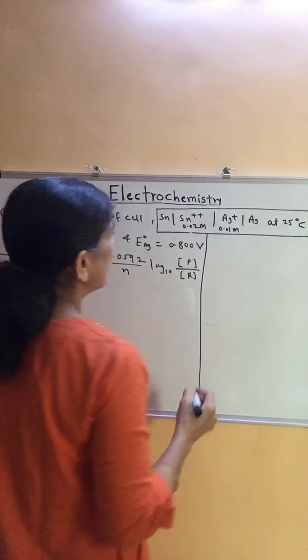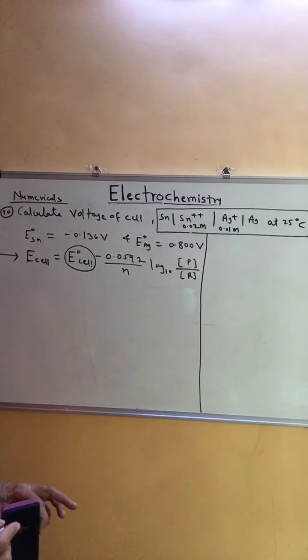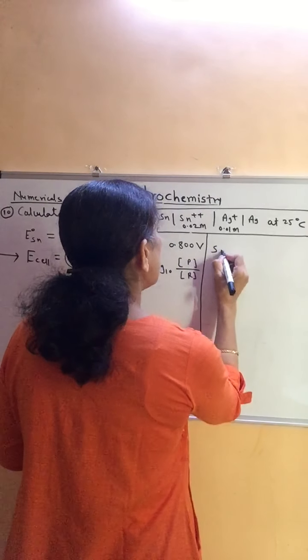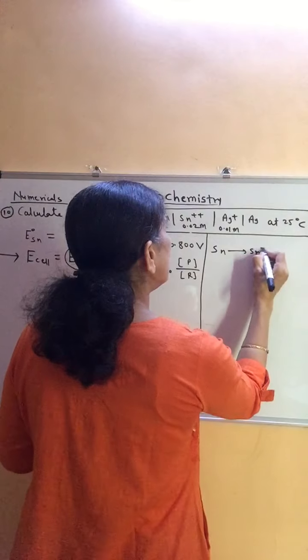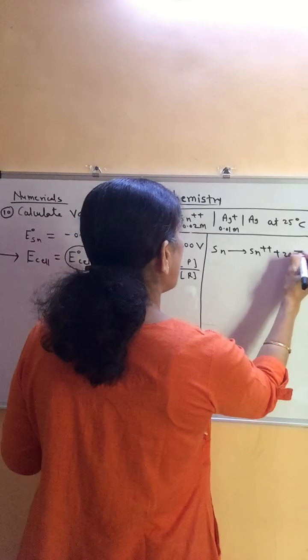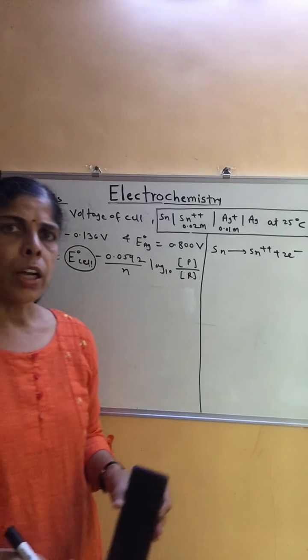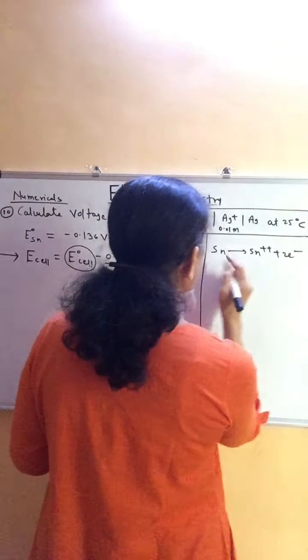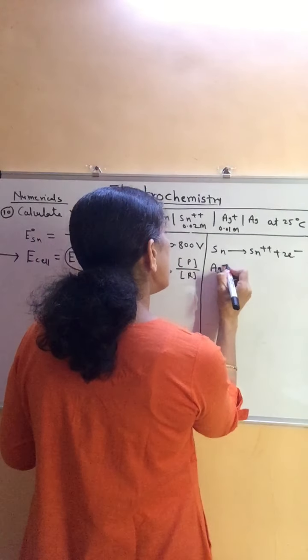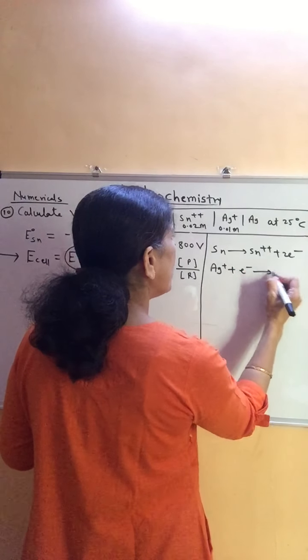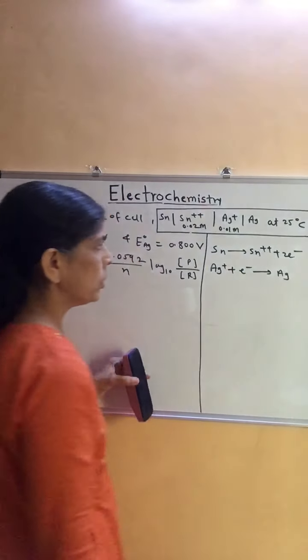See, Sn is converted into Sn2+. You know, the left hand side is the oxidation reaction. So Sn giving Sn2+ plus 2e minus. This is the oxidation reaction which takes place at the anode. At the cathode, Ag+ has a single positive charge, so it will accept one electron and be converted into silver.